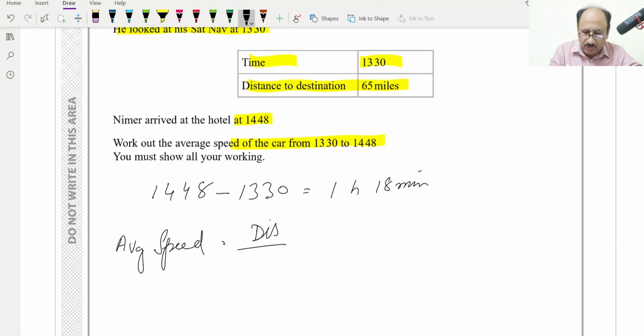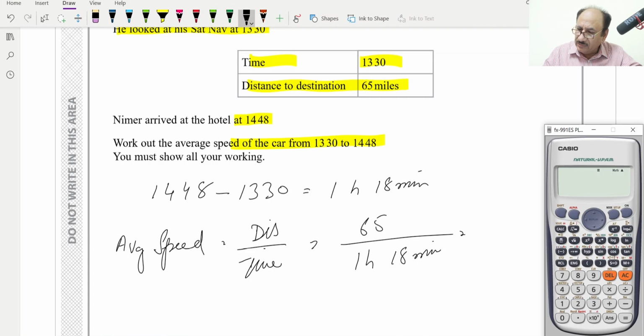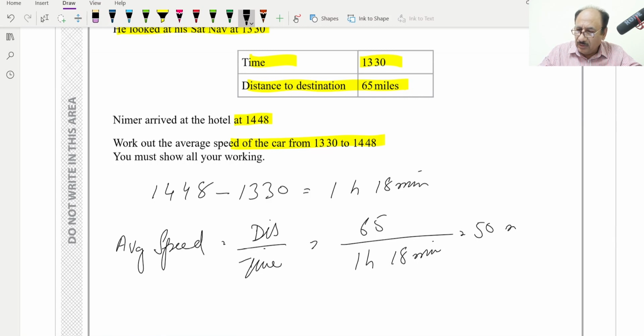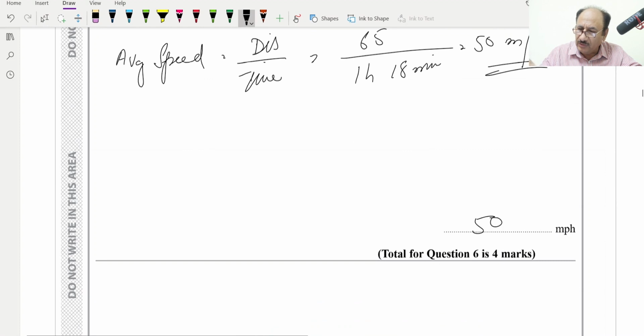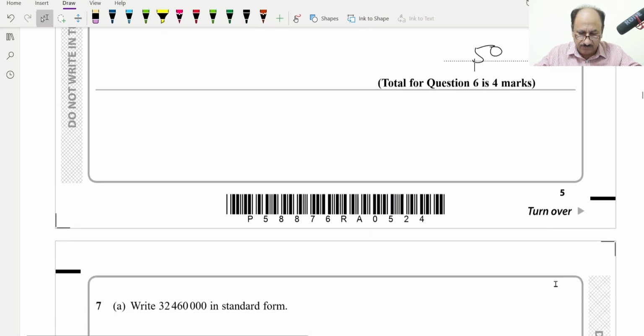So we can write it as 65 miles divided by 1 hour and 18 minutes, and this will be equal to 50 miles per hour. 50 miles per hour will be our answer, and we have shown our working also. So 50 miles per hour will be our final answer for this question.